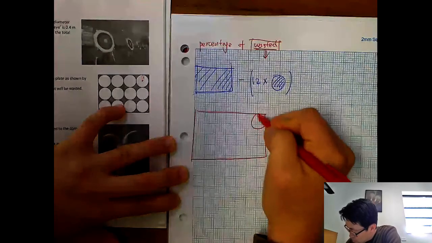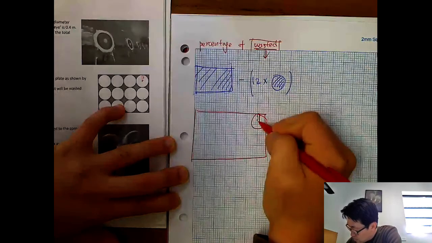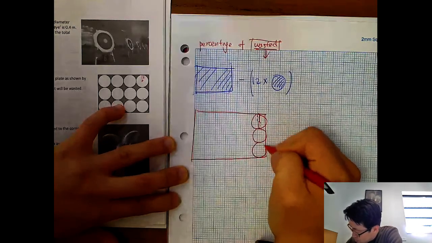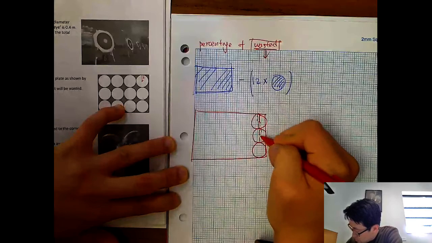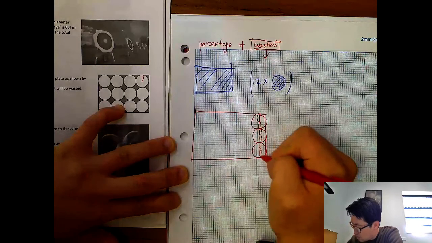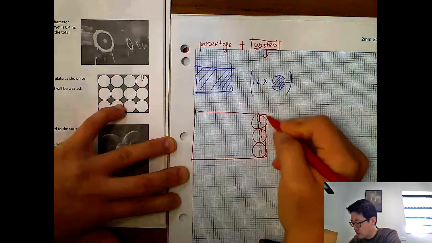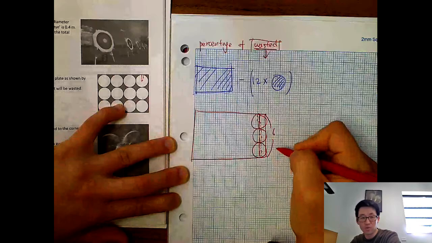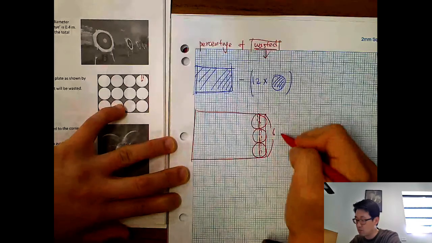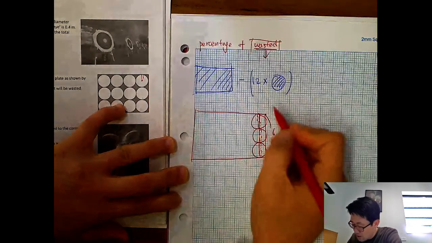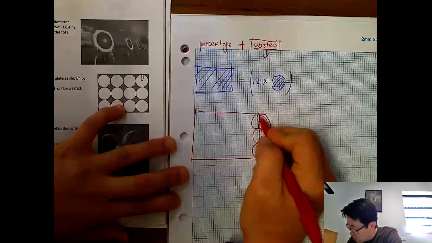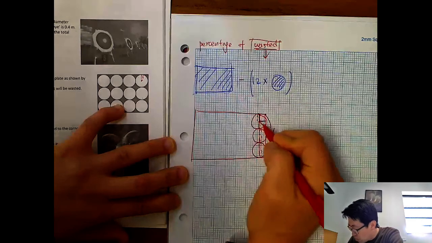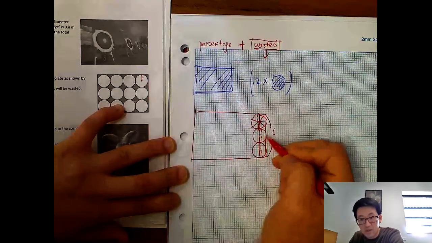If the radius is 1, and this is 1, 1, 1, 1, 1. How many ones there? 1, 2, 3, 4, 5, 6. The length is 6. I don't use a unit here, I'll just say a length of 6 units. And if that is 1 here, so therefore radius, the other side also 1. Doesn't matter where I go, it's all 1, isn't it?